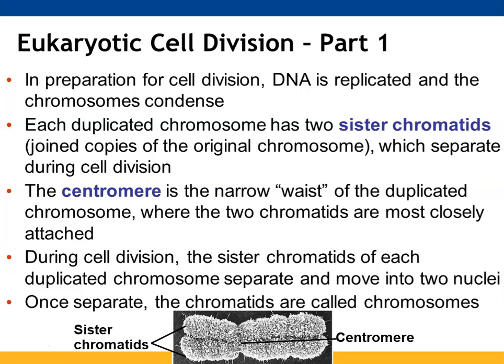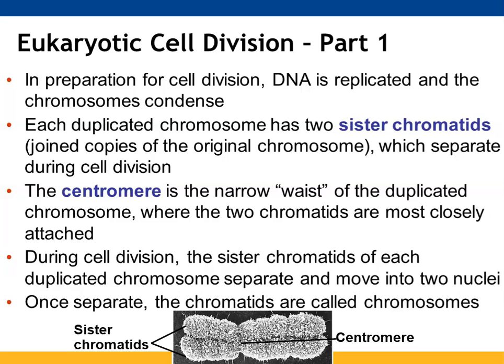They are actually joined at the centromere, and they will consist then of two sister chromatids, and they undergo separation as a part of cell division. Again, where they connect is the centromere, and that's where they're most likely to be attached. They also can be attached along their arms. We'll talk about that a little bit more later on.